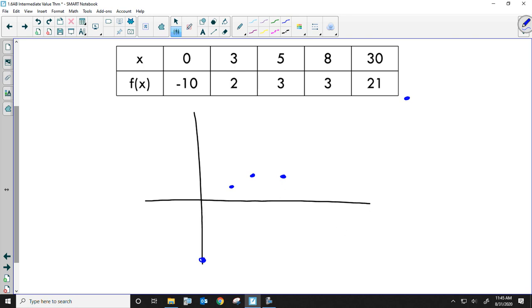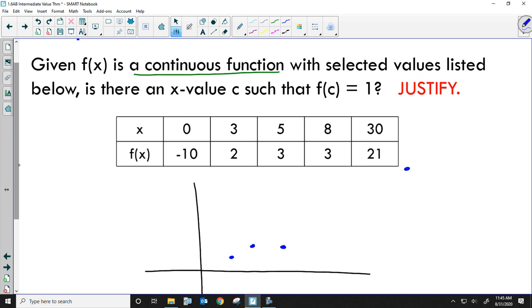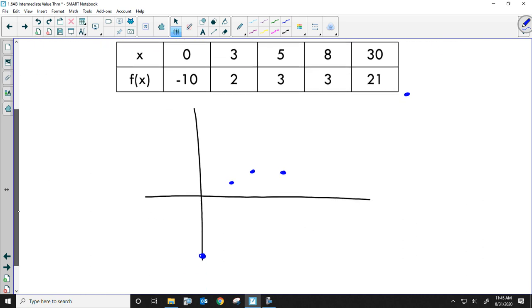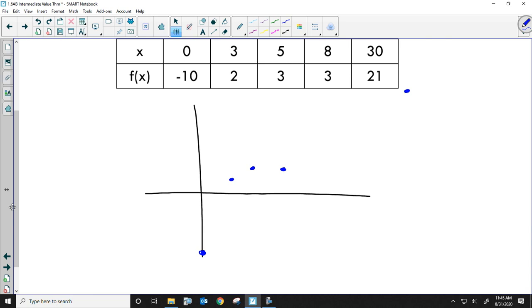Now, if I know that f of x is a continuous function, right? When you connect those dots, it doesn't really matter how you connect them as long as you just don't ever pick up your pencil, right? That's pretty boring. It could be much more intricate than that, but as long as you don't pick up your pencil, that's all that matters.